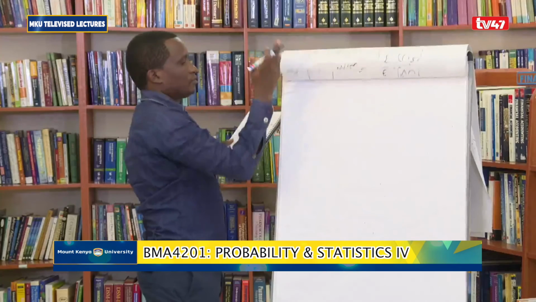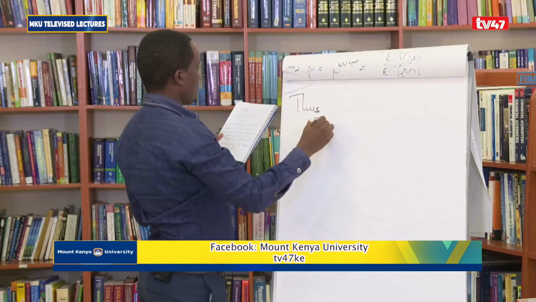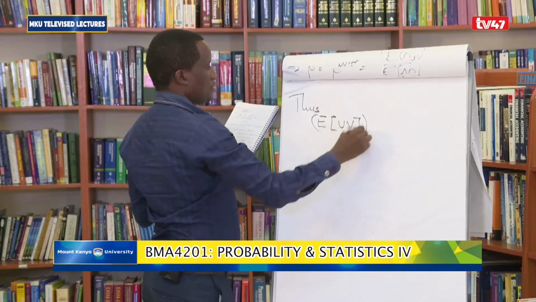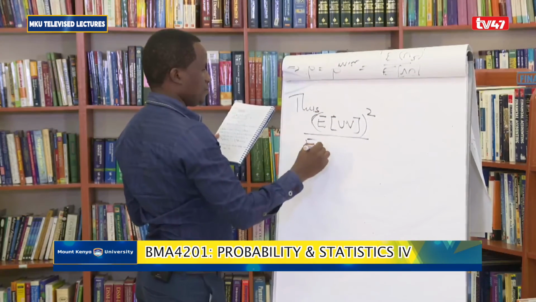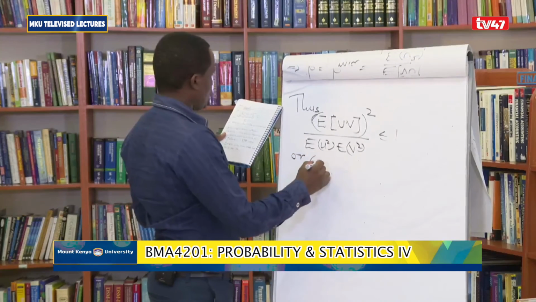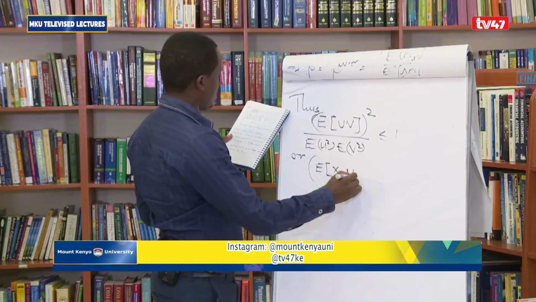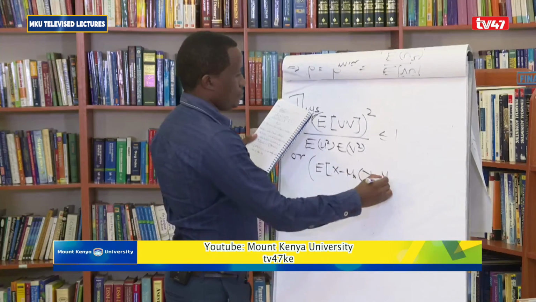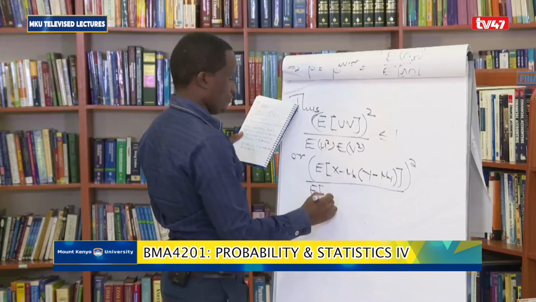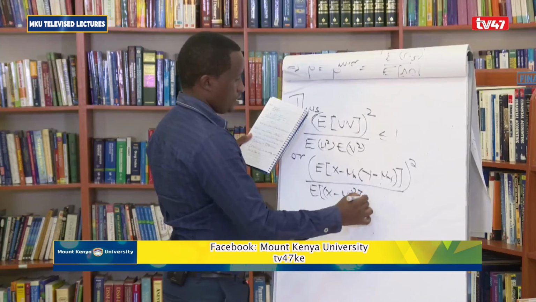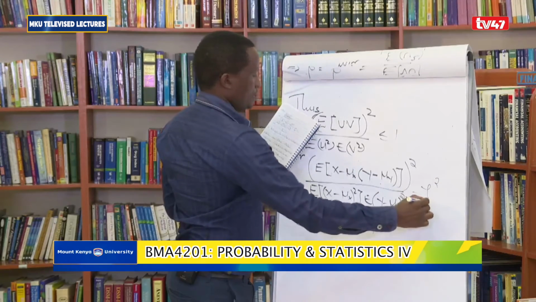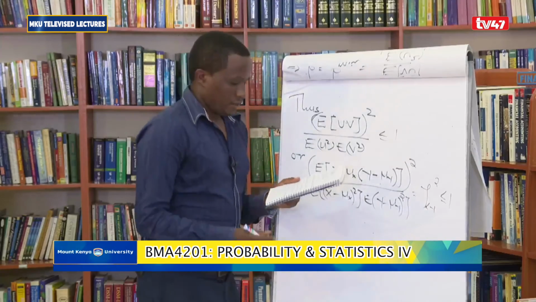Thus, expected of vu squared divided by expected of u squared expected of v squared must be less than or equal to 1 for it to hold, or simply expected of (x minus mu x)(y minus mu y), this one squared, divided by expected of (x minus mu x) squared expected of (y minus mu y) squared, which is equal to the correlation between x and y squared, must be less than or equal to 1. Hence the proof.